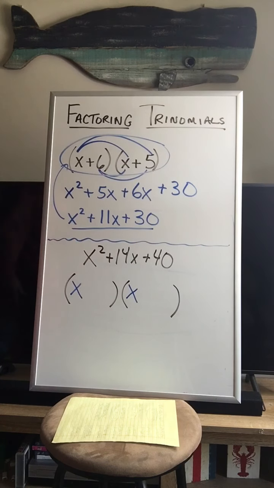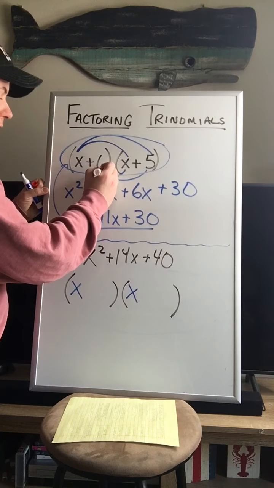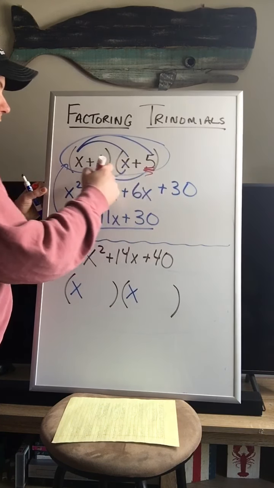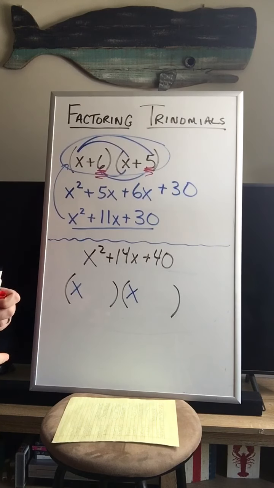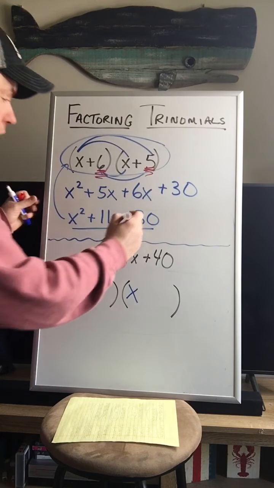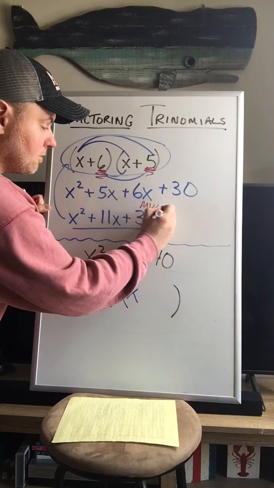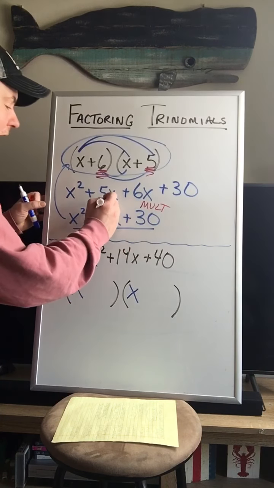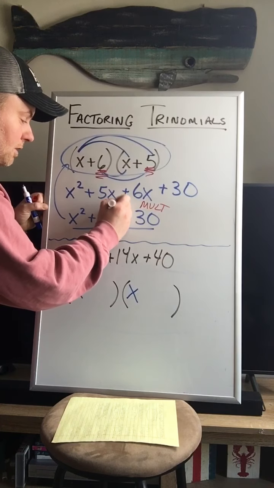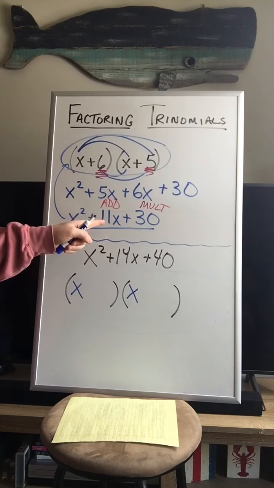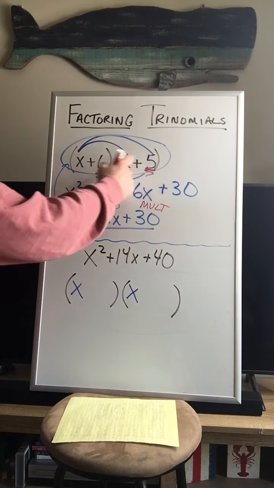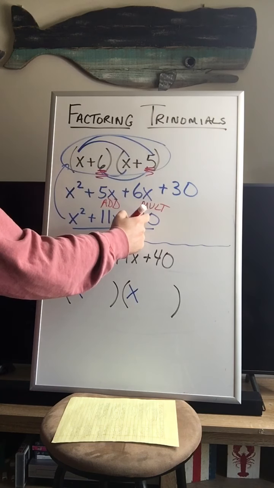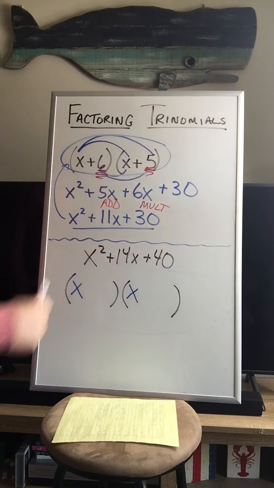Now, what you probably didn't notice is if you look up here, the two numbers that go here and here always multiply to this last number here and add to the middle coefficient right there. 6 and 5. 6 times 5 is 30, and 6 plus 5 is 11.